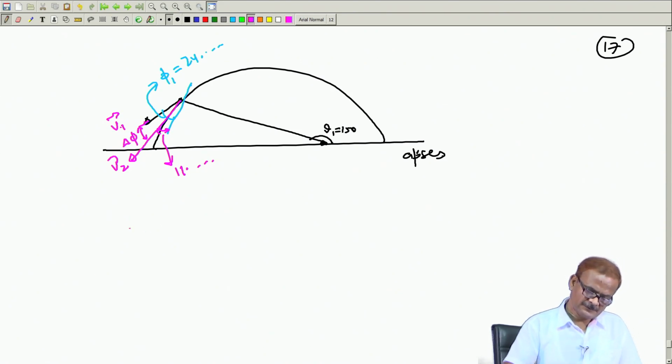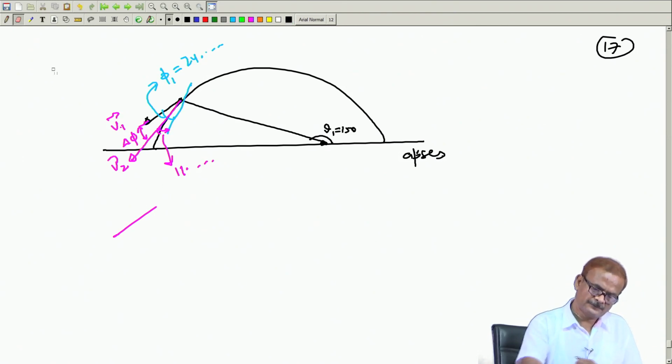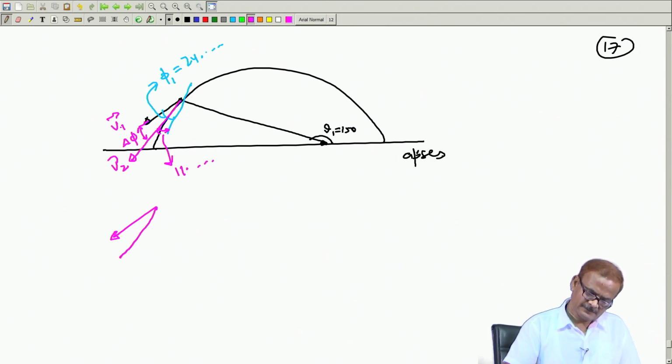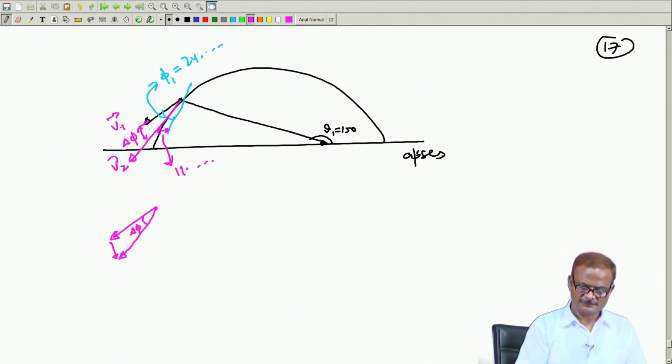So, in which direction do you have to give the impulse? If this is one vector, okay, and this is another vector, and whatever the magnitude is there, accordingly depending on this delta phi value, you will know in which direction you have to give this impulse, and this delta v is available to us. So, this is the situation.